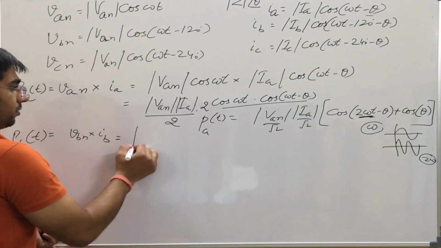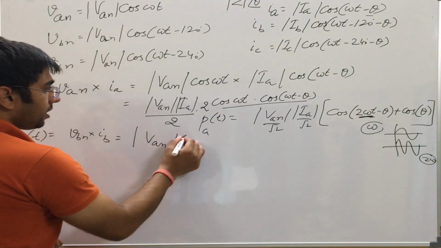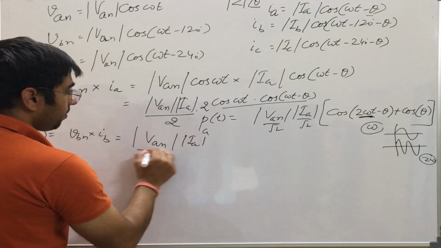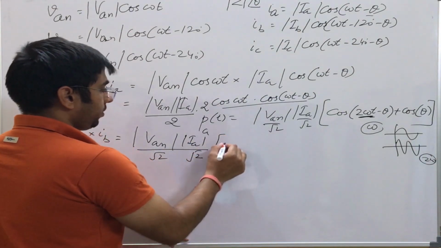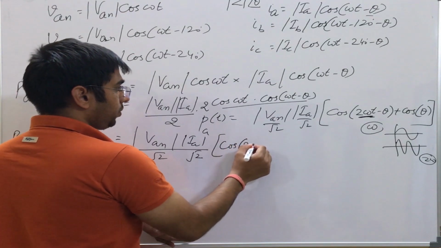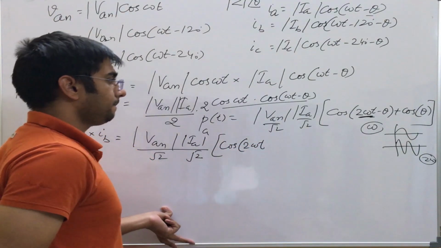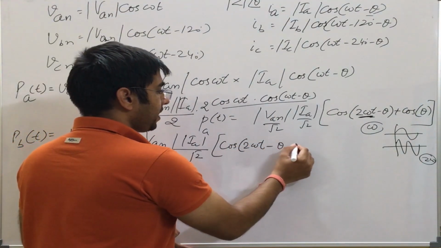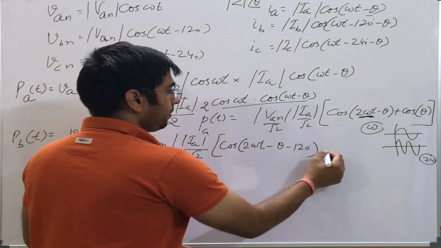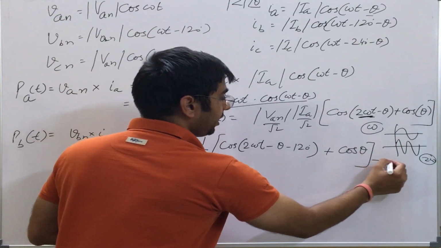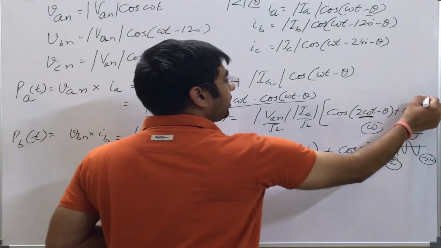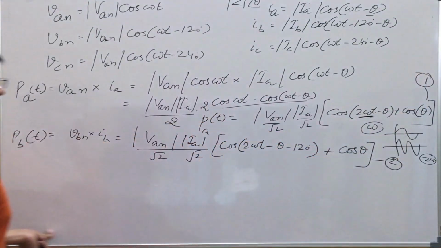It will come out VAN IA by root 2 times cos(2 omega t minus theta minus 120 degrees) plus cos theta. Let us say it is equation 2 and the first one is equation 1.